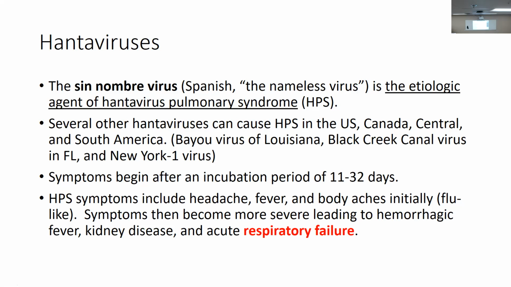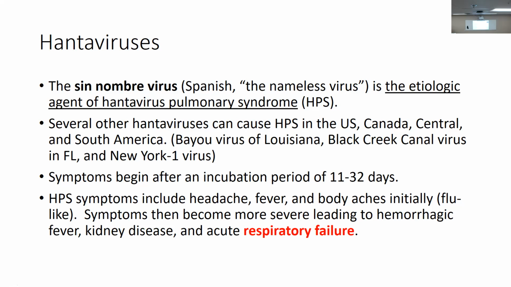You can also have them in different places. I'm going to move this, going to change that so y'all can see. There you go. All right. So they have them in different places. We see the US, Canada, Central and South America. We see the Bayou virus of Louisiana, the Black Creek Canal virus in Florida, and the New York 1 virus. So these are all Hantavirus outbreaks from rodents to humans.